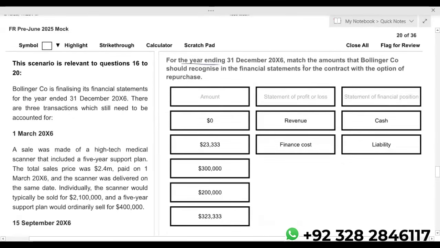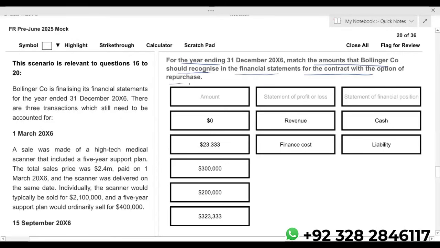For the year ended December X6, match the amount that Bollinger company should recognize in the financial statements for the contract with the option to repurchase. You are selling something with the option to repurchase. Normally, when I'm selling something, I just sell it unconditionally. But if you are selling it with the option to repurchase, then most of the time you are basically just taking a loan.